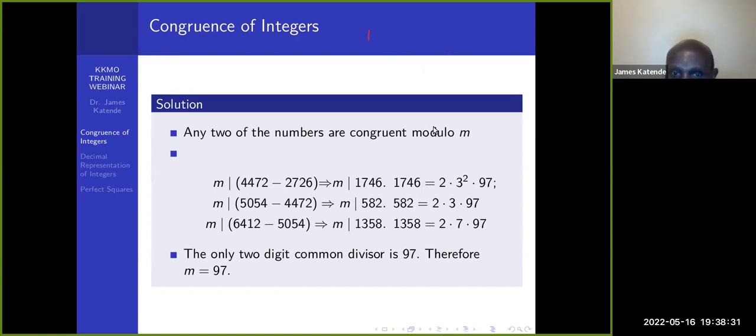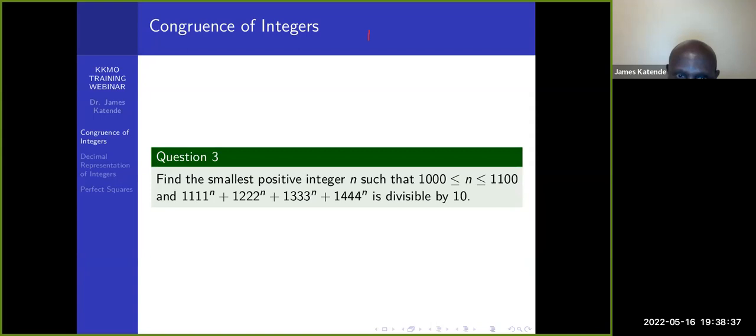Okay, so I will move to the next example. The next example says, find the smallest positive integer n that lies between 1,000 and 1,100, such that this sum is divisible by 10.